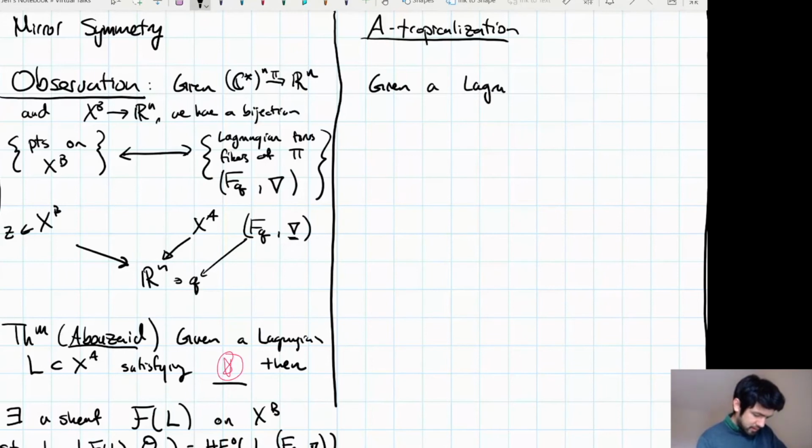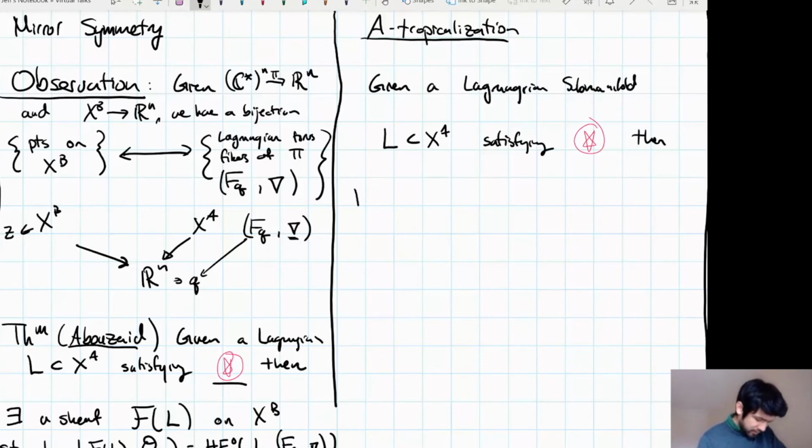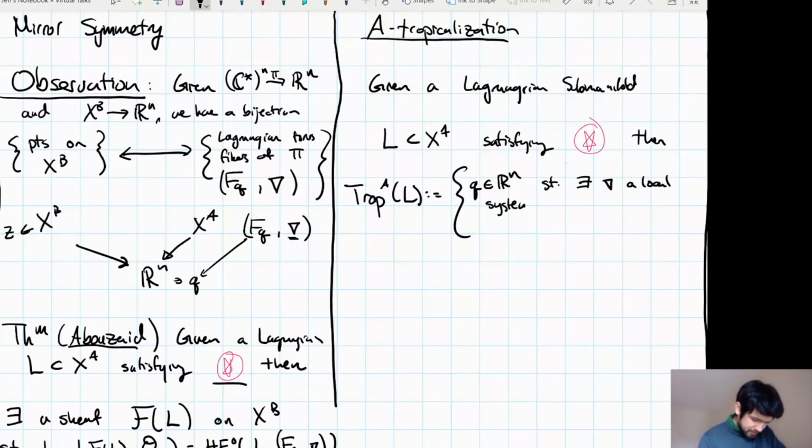Given a Lagrangian submanifold L inside of XA satisfying condition star, we define the tropicalization of L to be the set of Q in Rn such that there exists a local system lambda so that HFL(FQ, lambda) is not equal to 0.